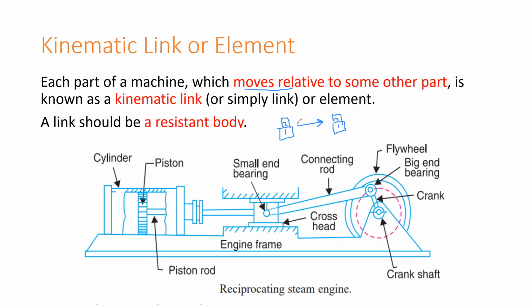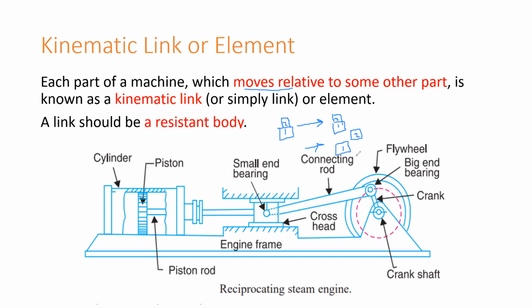That is, relative motion should happen between two parts. For example, suppose the condition is like this: block 1 has come to this position, and block 2 is a little bit ahead of block 1.